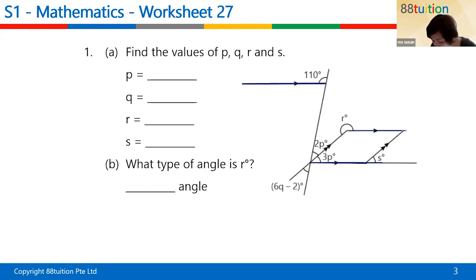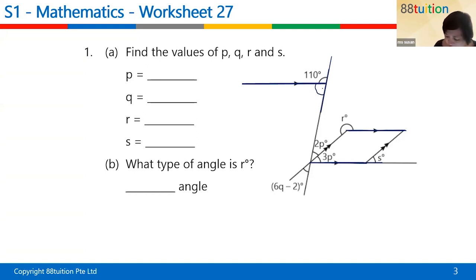Anything with parallel lines is a very good hint to start with. First, this is called a straight line, so this is called adjacent angles, meaning they add up to 180 degrees.